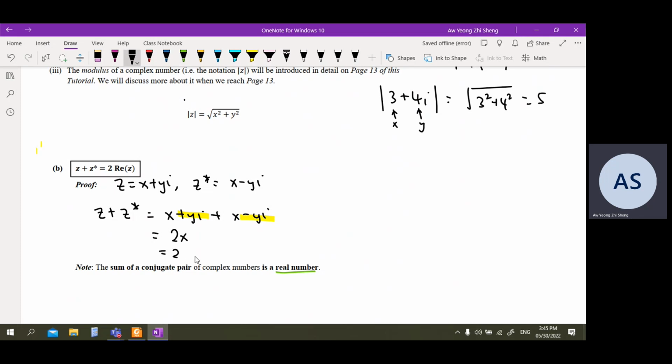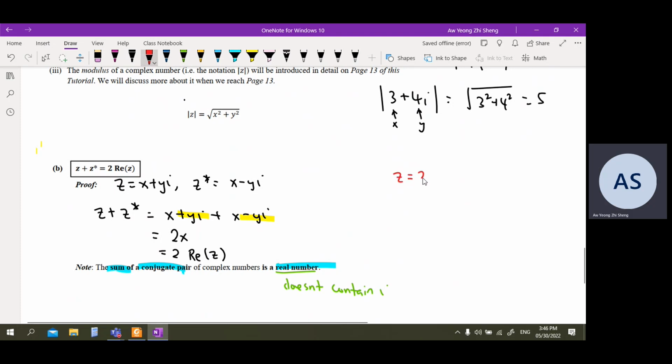But what is x? X is simply the real part of z. This shows us that when we take the sum of a conjugate pair, when we add z and z star, it is a guarantee that we get a real number. A real number means a number that doesn't contain i.